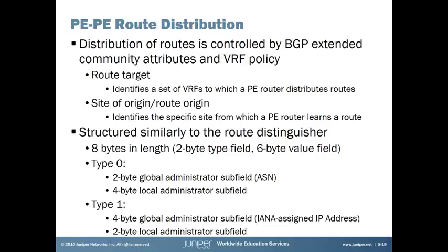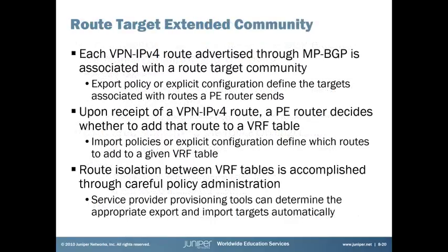So, what is this route target? Well, it has actually the same structure as a route distinguisher, but it serves an entirely different purpose. The route target is part of an export and import function, whereas the route distinguisher is to make routes look different. Pretty much exactly the same format.